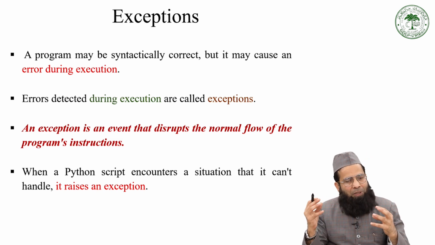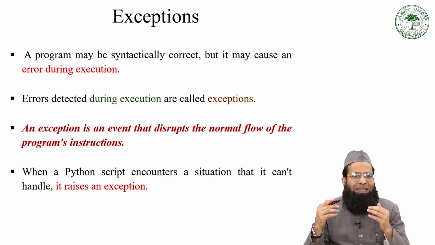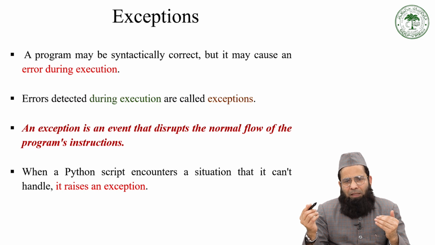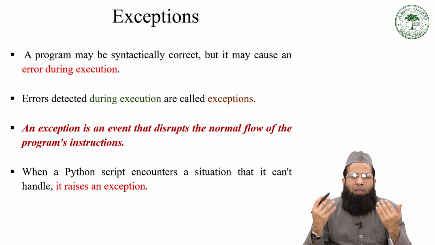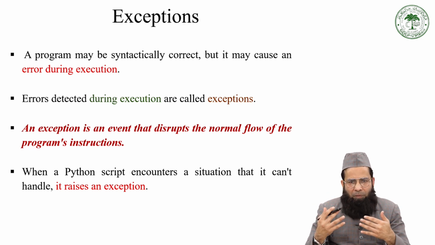Now what is an exception then? A program may be syntactically correct, but it may cause an error during execution. So at the time of execution, or you could say runtime, the error may come.